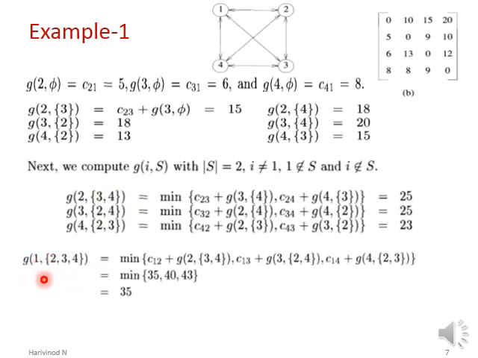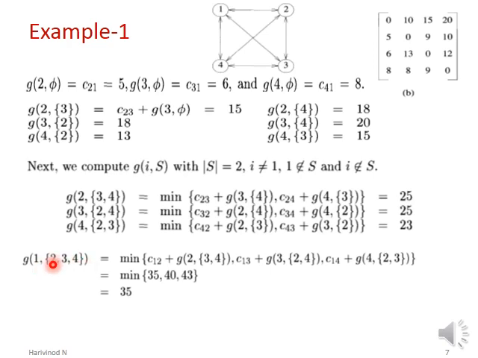But we are not interested in the rest of the problems, because g of 1, 2, 3, 4 is exactly what matches the traveling salesman problem. We need to start from 1, visit all the vertices 2, 3, 4, then come back to 1. So this is what we need to solve. We need not solve g of 2, 1, 3, 4 or the other problems. That is not required for us.